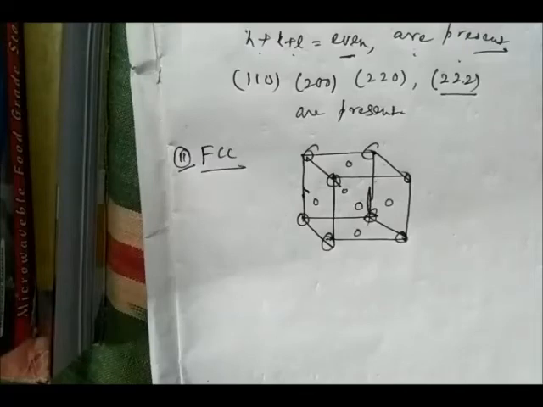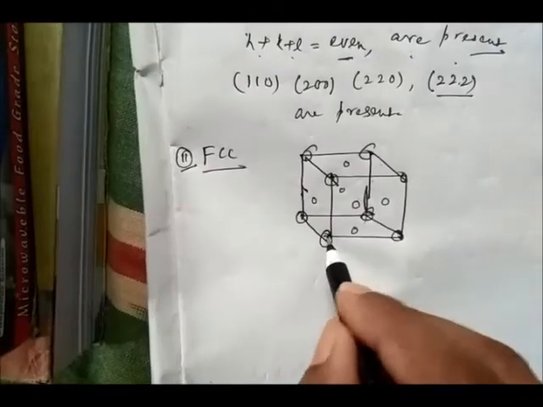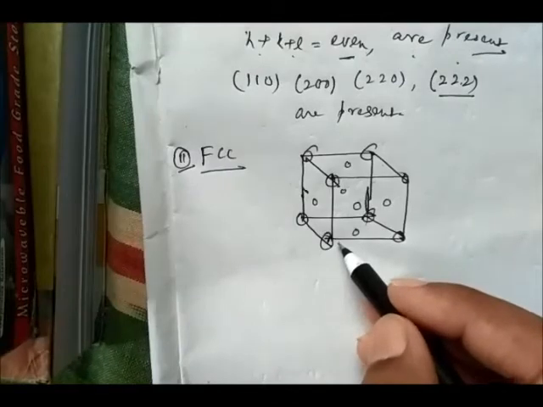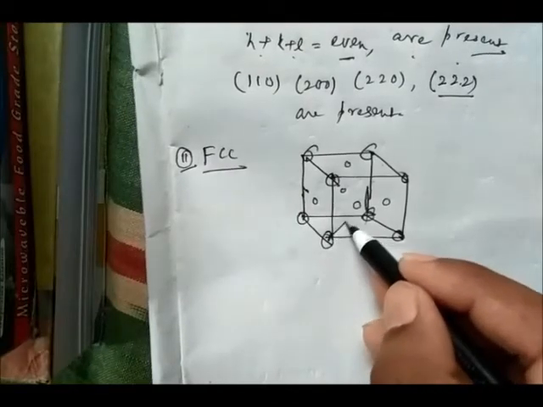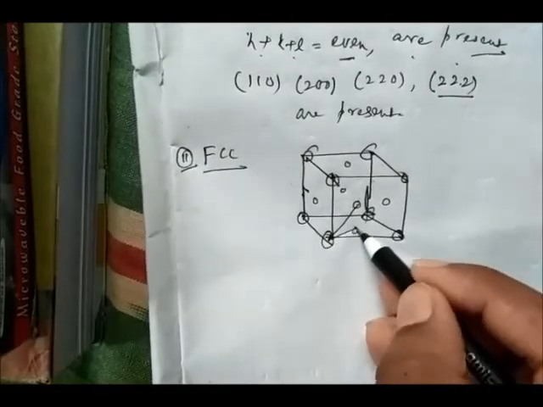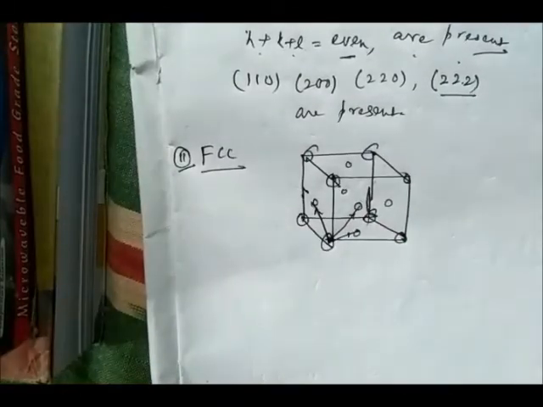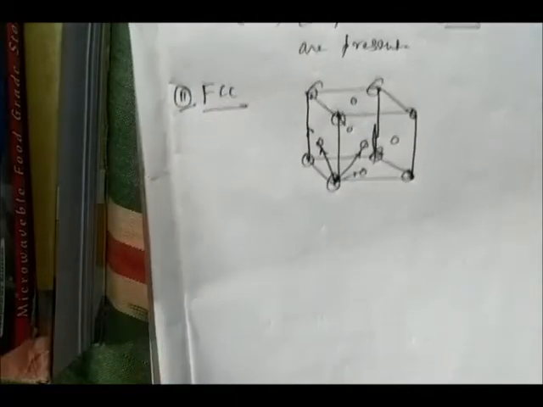So if you choose this point as center, the general vectors will be this, this, and this. These three vectors will be general for a face-centered cubic system.